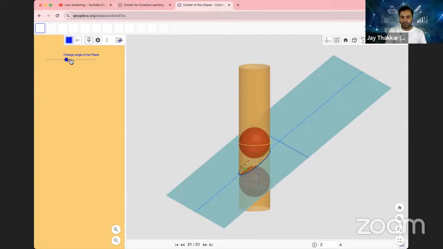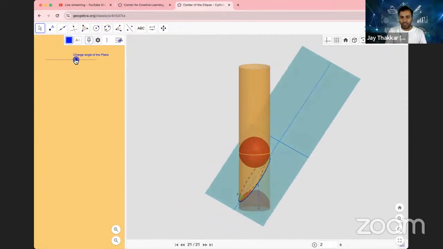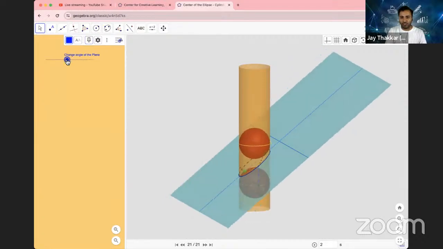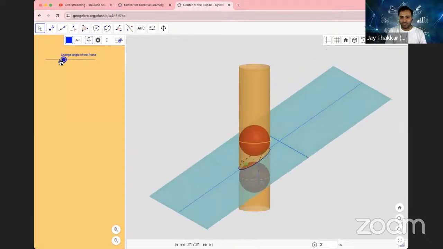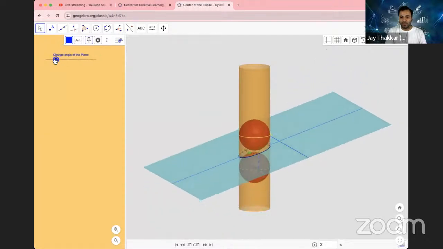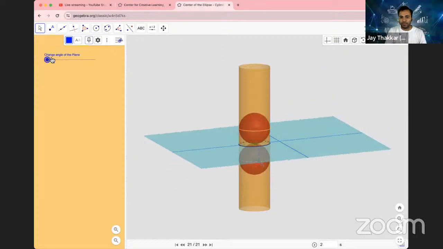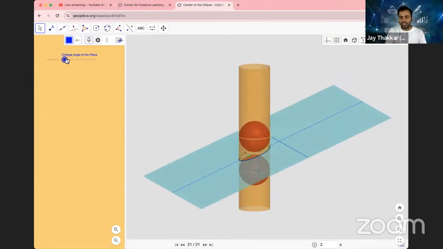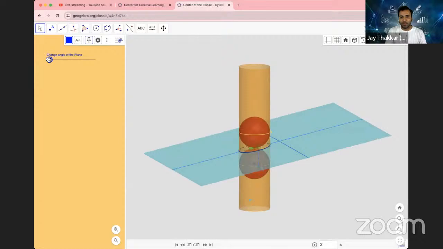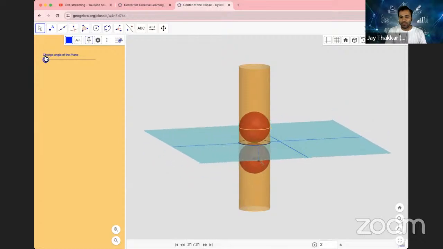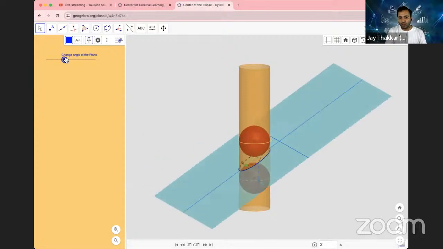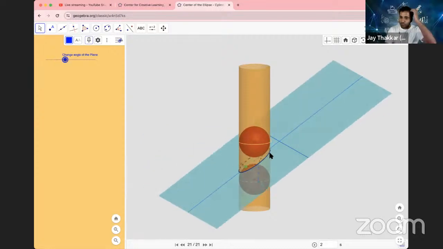If I change the angle of the cross section plane, then you will see that the ellipse is changing. If I make it parallel to the base circle, then it would be a circle. Now, how do you get the two focus points of this particular ellipse?